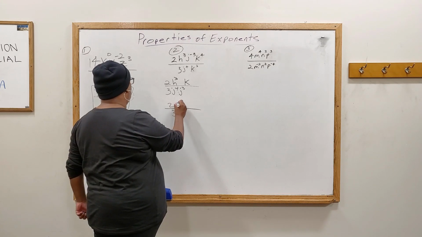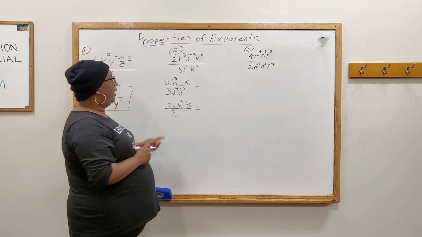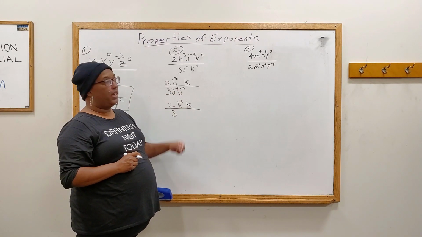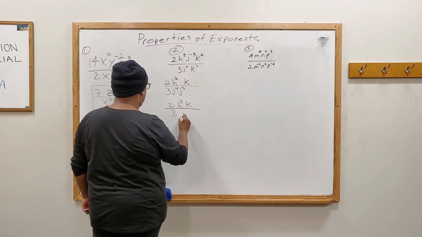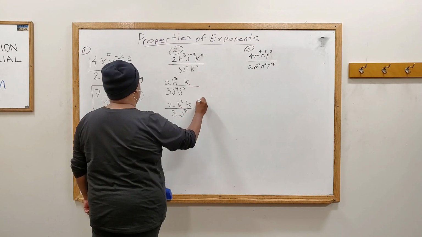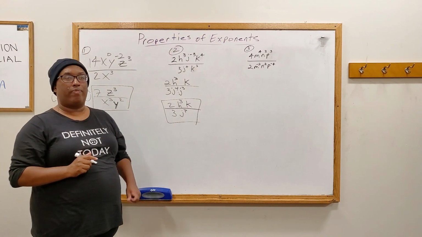We have the h cubed and the k, but now we have the j's. When you're multiplying the same variable, you add the exponents. So we have j to the 7th. And that's our final answer.